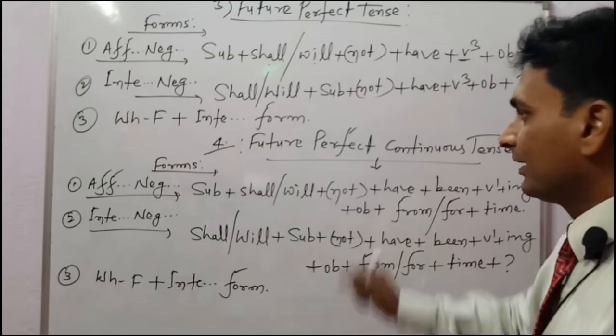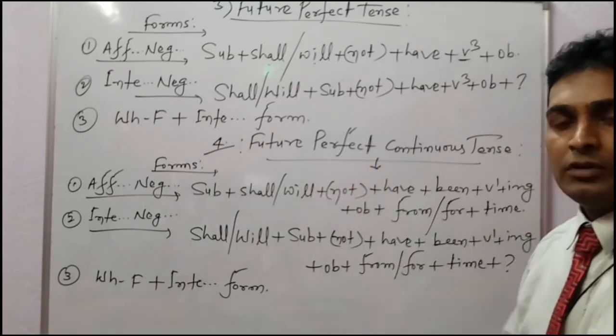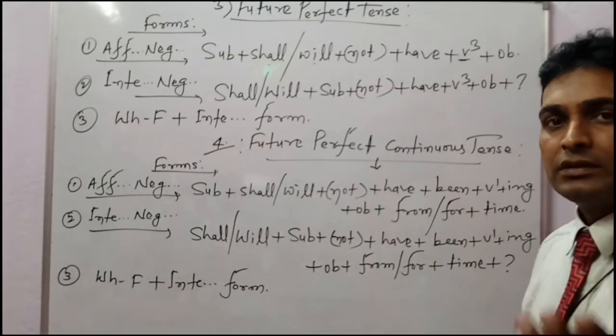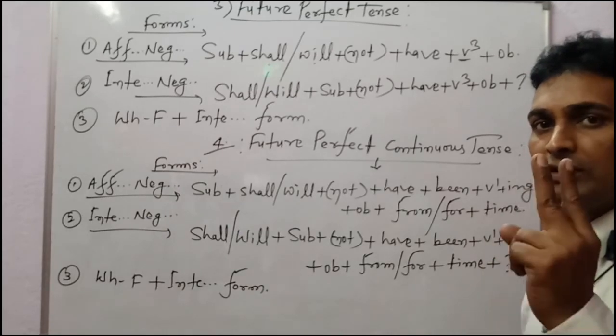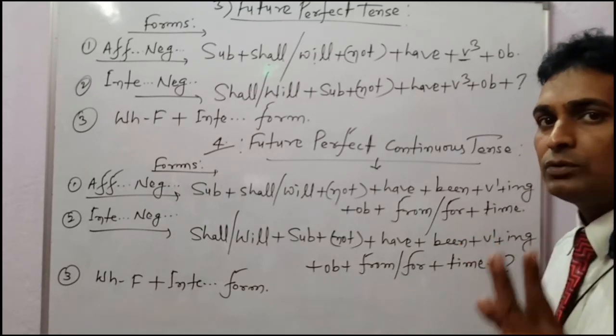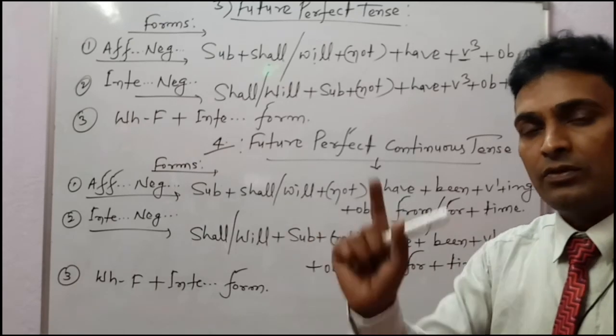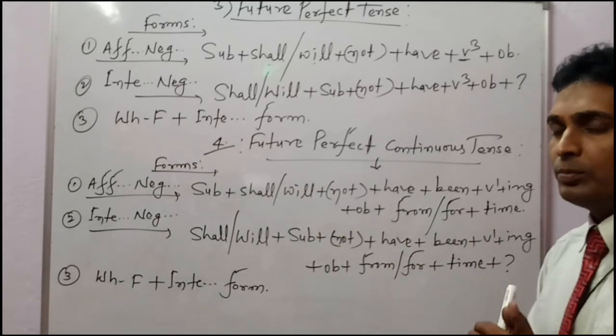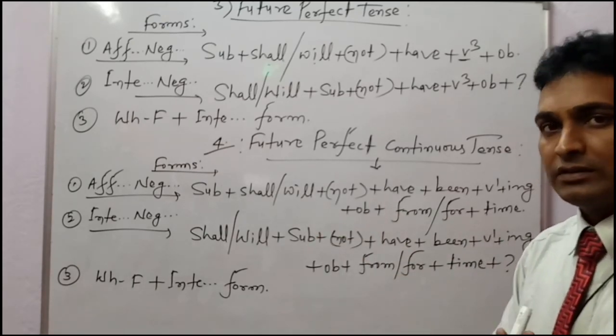Except this tense, with present perfect continuous and past perfect continuous, you have to go with since and for, right? So I hope you have got the formulas of tenses well.